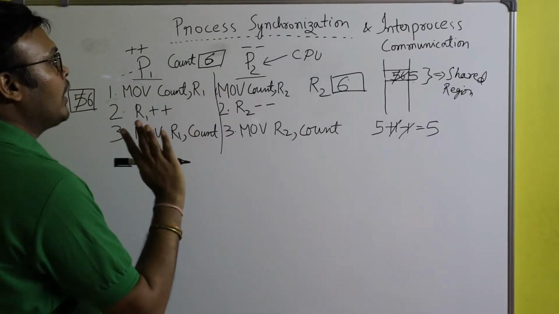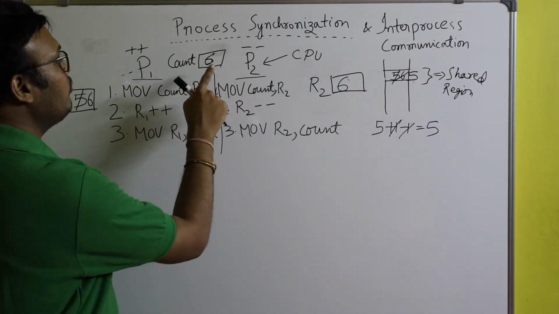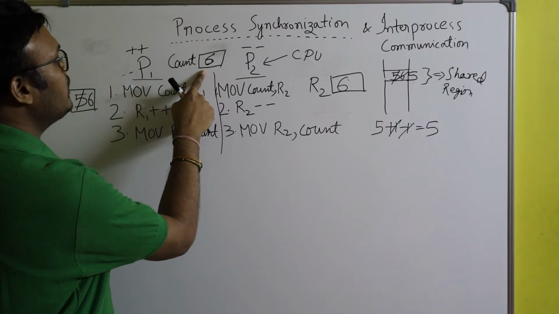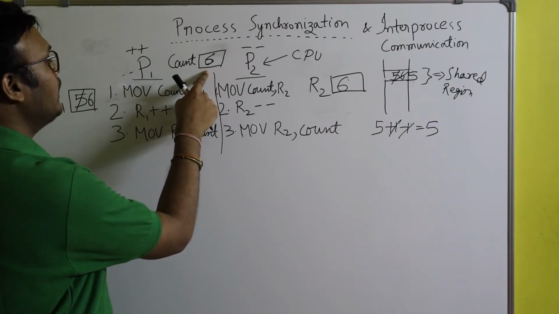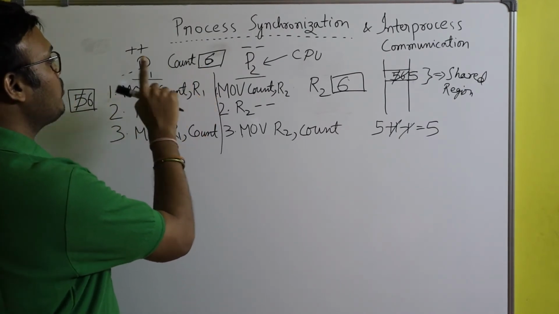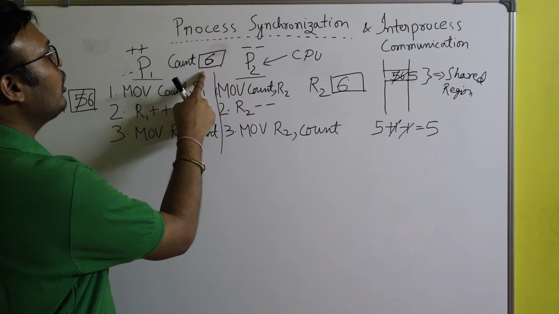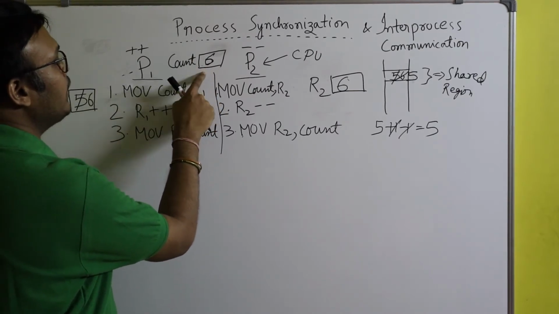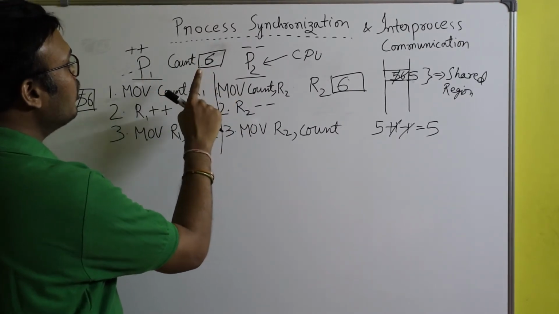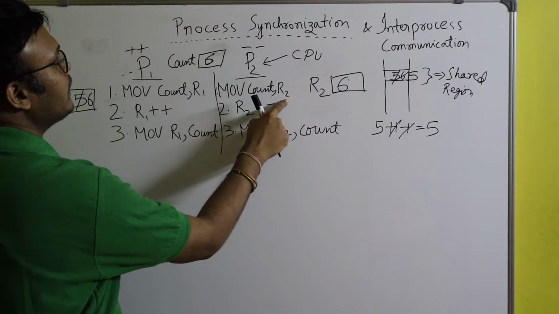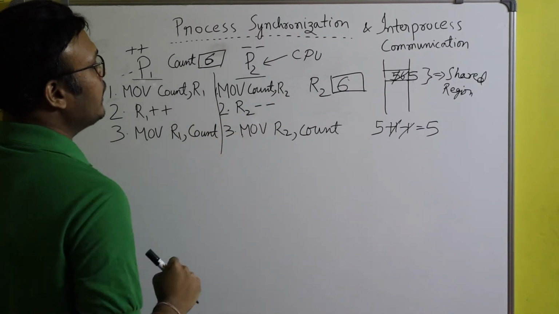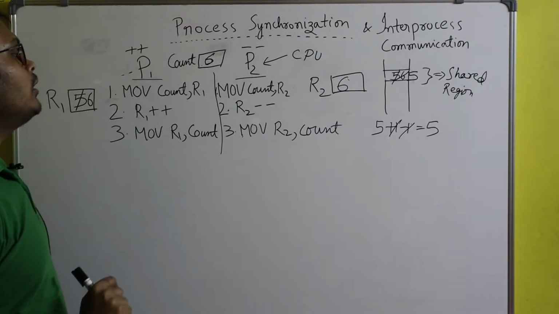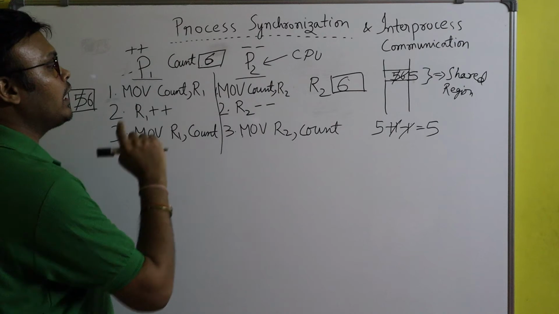Because what actually happened? Process P2 first read the value of this variable. It is 6 as it was updated to 6 by process P1. So P2 got to know that yes, the value is 6. Now P2 will move this value to its register R2. So R2 contains 6. The second line is R2 minus minus, that is R2 decrement.